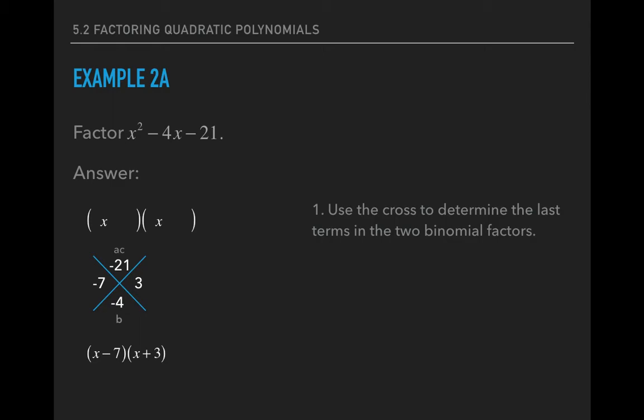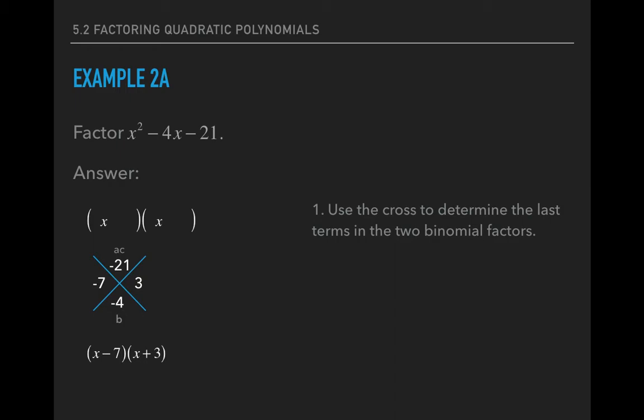And if you checked, this is amazing. You can always check these problems, so there's no reason to get them wrong. x minus 7 and x plus 3, if you FOIL them, if you use distribution, will in fact give you x squared minus 4x minus 21. So we have done the reverse operation.